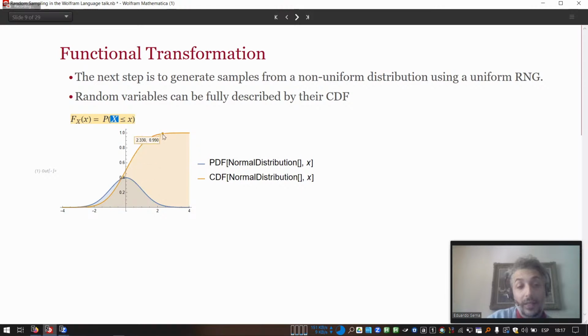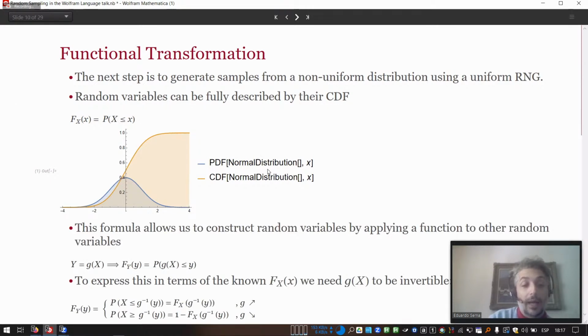Technically, the CDF is the integral of the PDF, but it's much more general because sometimes the PDF is not defined, for instance for discrete distributions. So it's better to work with CDFs.